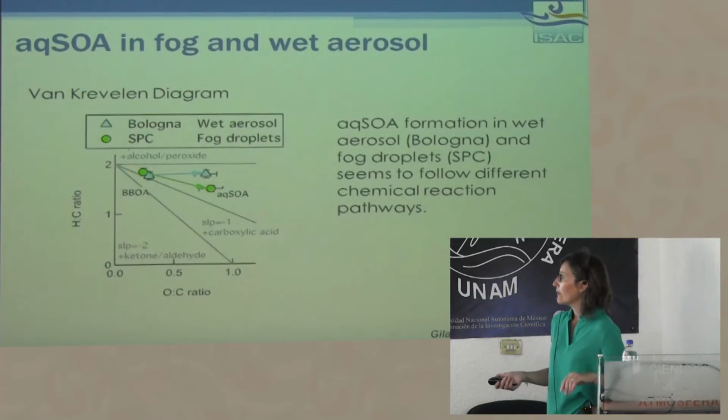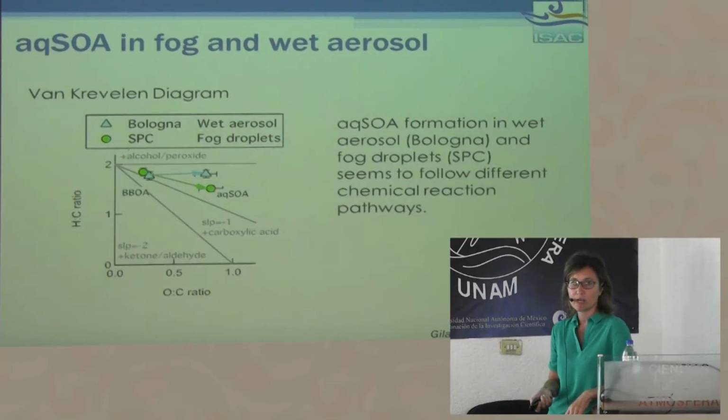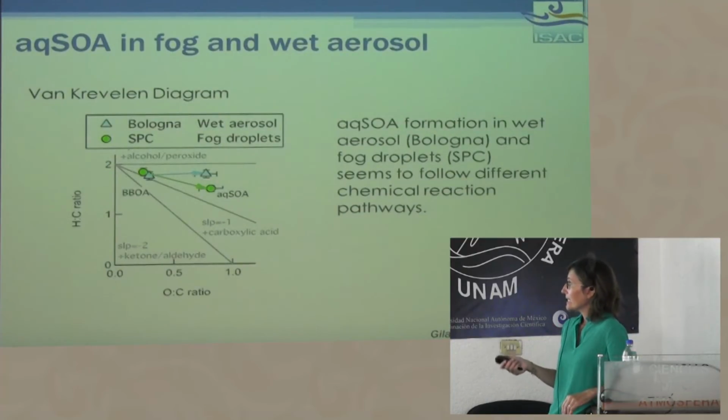So you see that for Bologna, the light blue triangles, when we go from fresh biomass burning to aqSOA, we have an increase in the oxygen to carbon ratio, while the hydrogen to carbon ratio remains almost constant. In San Pietro Capofiume, the green circles, when we go from fresh biomass burning to aqSOA, there is an increase in the oxygen to carbon ratio, but also a decrease in the hydrogen to carbon ratio.